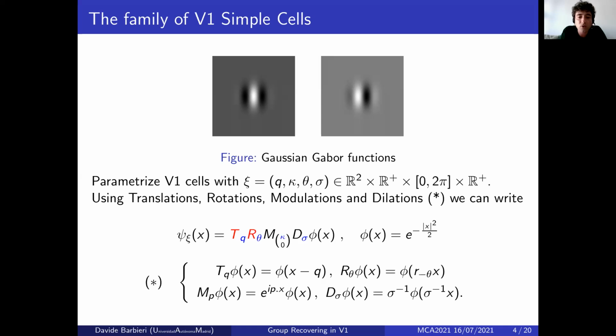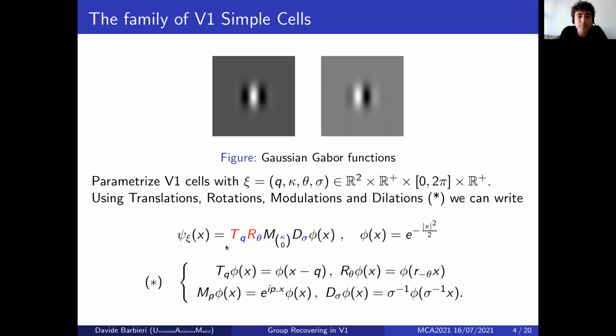There is a whole bunch of literature that I don't want to dig into, but let me just say that k and sigma, that is the number of oscillations under the Gaussian bell and the size of the Gaussian bell itself, can in a certain sense be considered constant for a huge family of cells in V1.